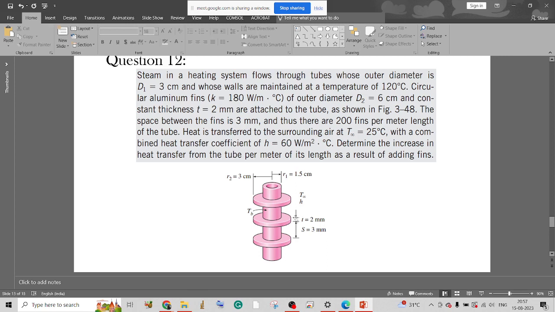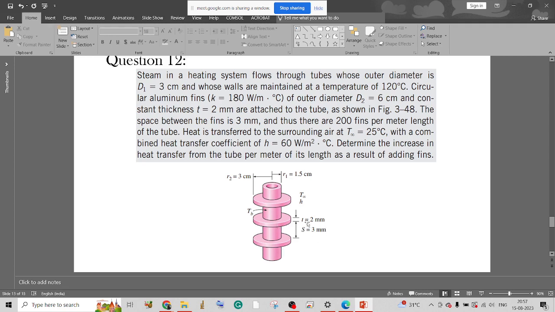For one set of fin there is only one spacer, so we take the distance between that set of fins, which is 3 mm. So pi into 0.03 meter into 0.003 meter.